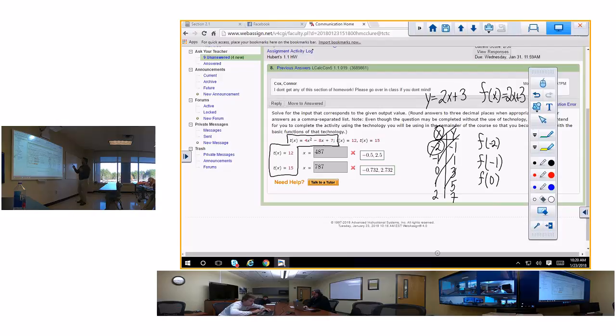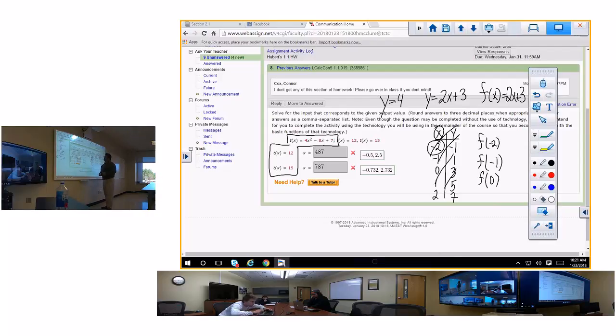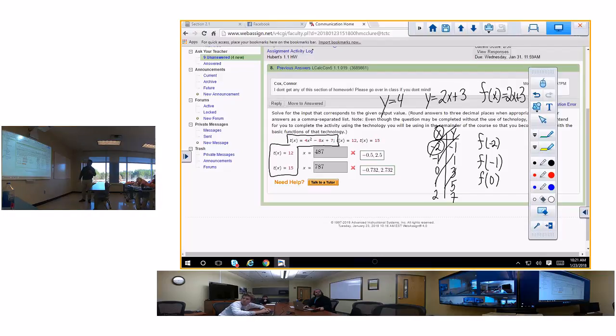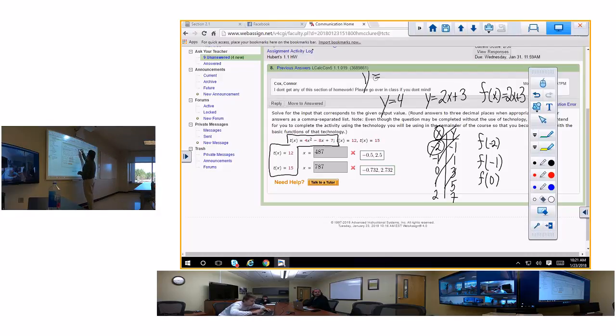Well, what if I told you this? Y is equal to 4. What in pre-algebra were you told to do when you have y is equal to 4? What would you do with this function if you had y is equal to 2x plus 3 and you were given this? What do you do with that y? You solve for it. You plug the y in and say 4 is equal to 2x plus 3 and solve for what?